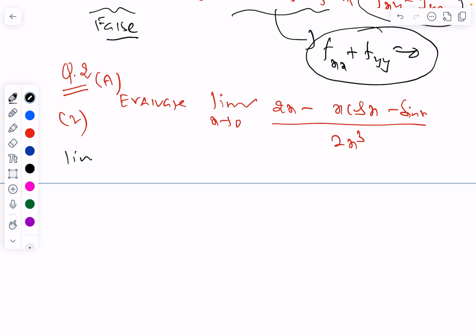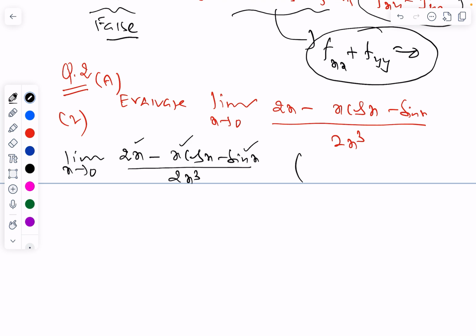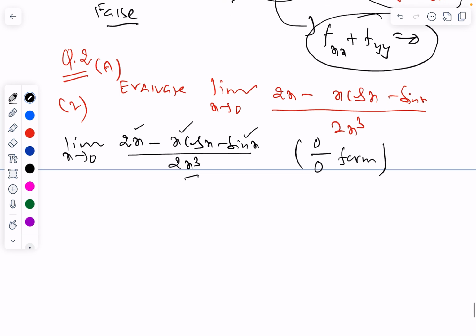Now when x tends to 0, the numerator is 0, since x is 0 and sine 0 is also 0, and 2x cube is 0, so this is 0 by 0 form. So we apply the L'Hopital rule.